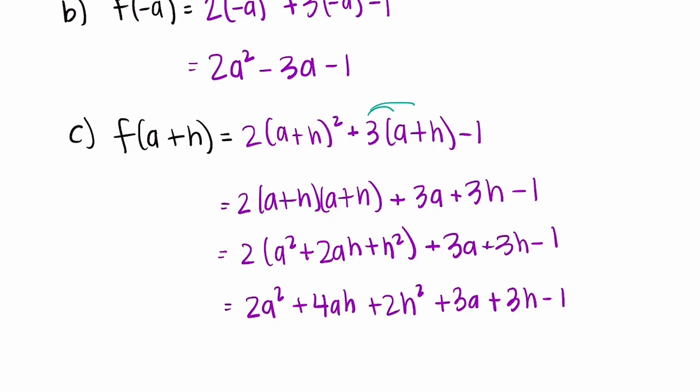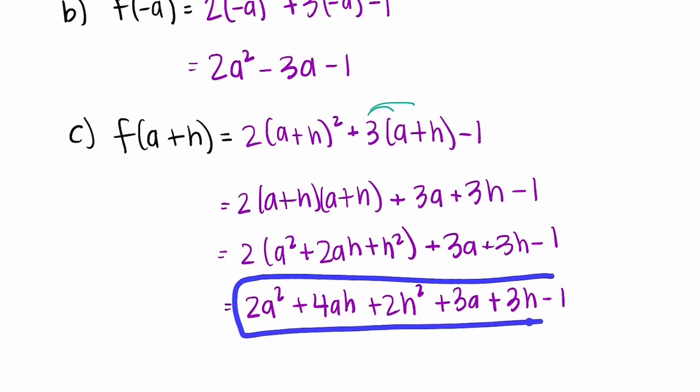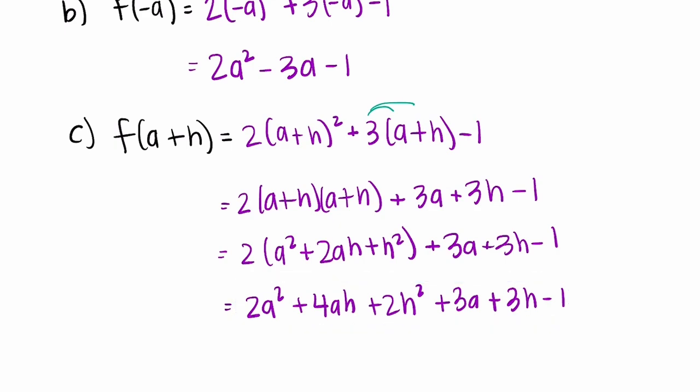Do I have any like terms? Is there anything we can combine at all? No. So it doesn't look like there's anything to combine. So this is how I'm going to just leave my answer. So this is the answer for this part.